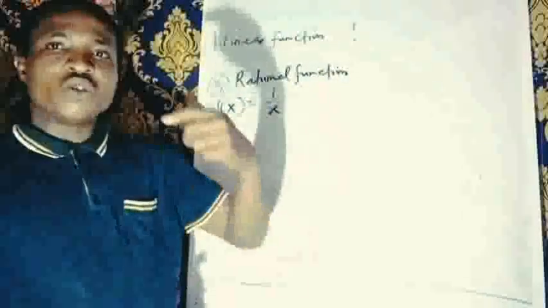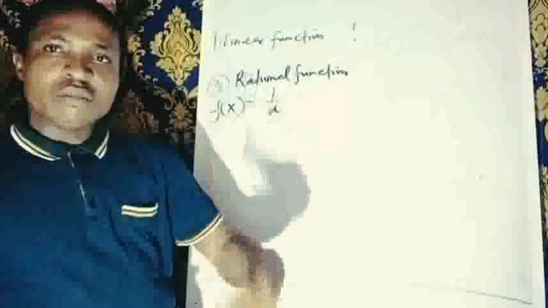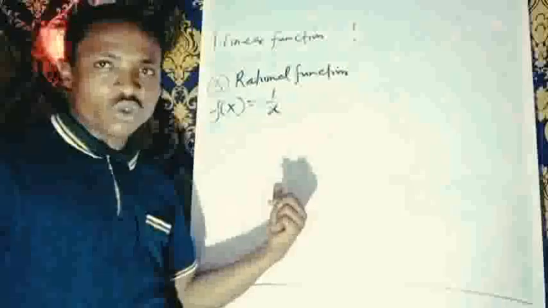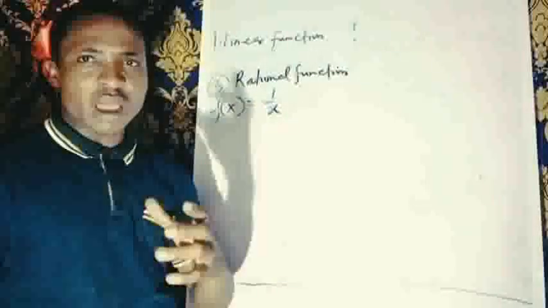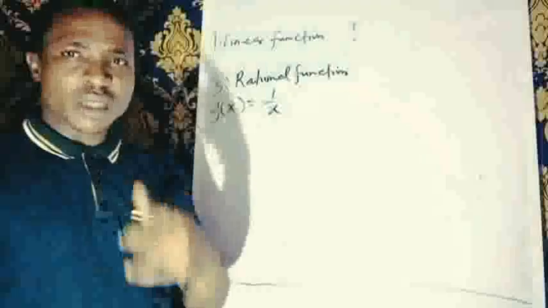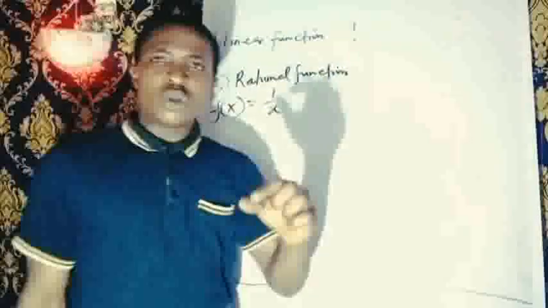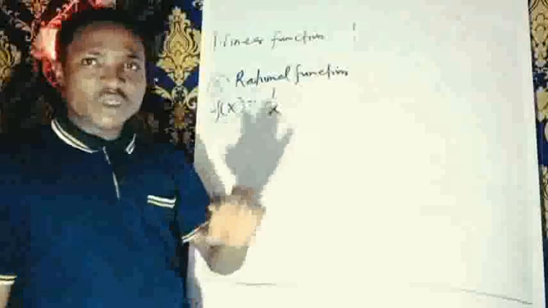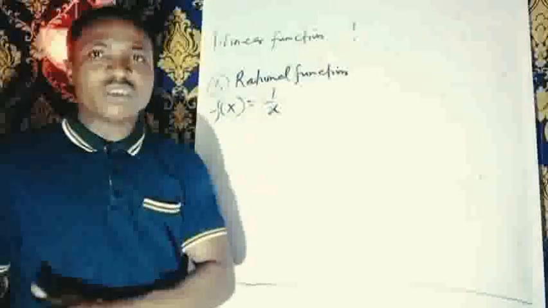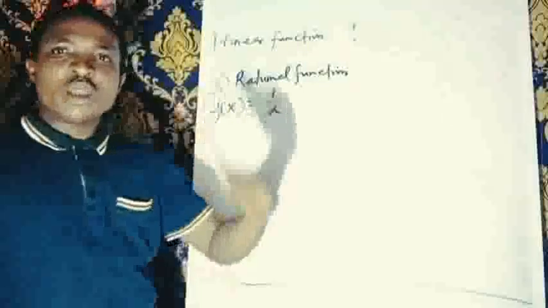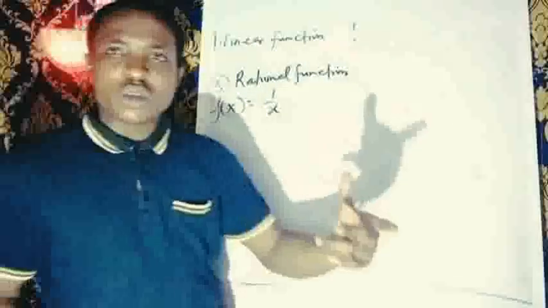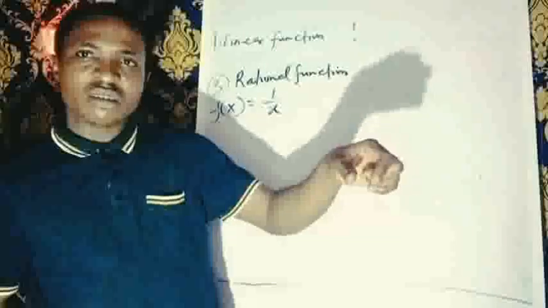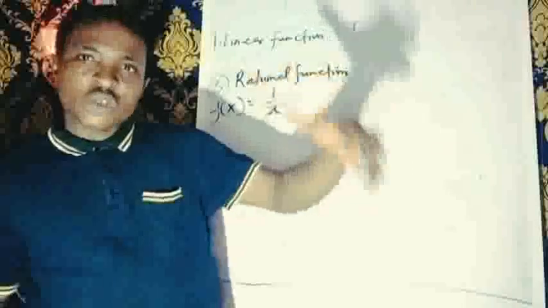And then how do you state your domain? Your domain will now be all real numbers except those solutions you got here. I hope my explanation is very clear. Okay, let me take it again. We all know that a function of this form is undefined when its denominator equals 0. So to find the domain of that function, we are looking at the set of numbers such that once inputted into that function, it will be defined.